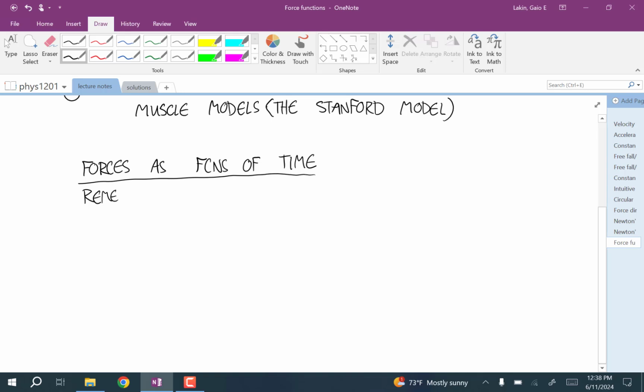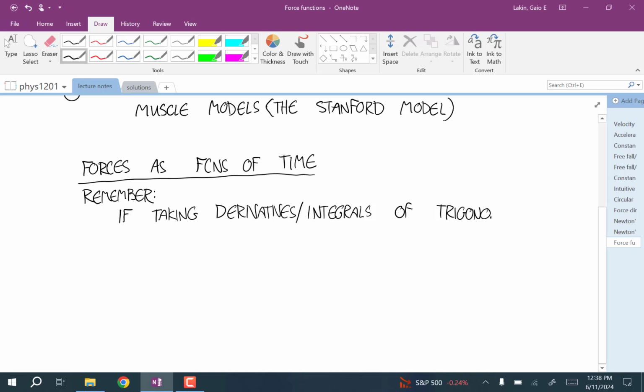So the first one is, since we're going to be using derivatives and integrals, if you're ever taking derivatives or integrals of trigonometric functions, cosine or sine, you have to switch your calculator over to radians.